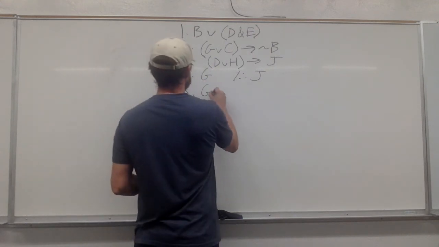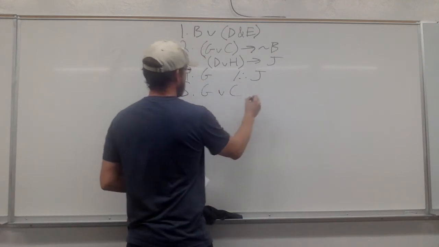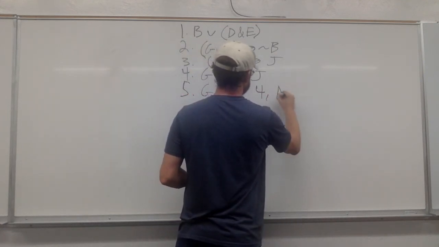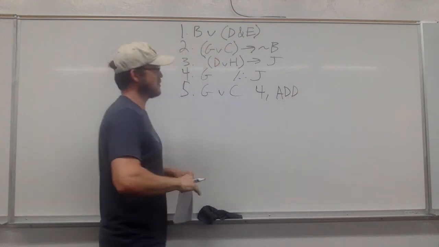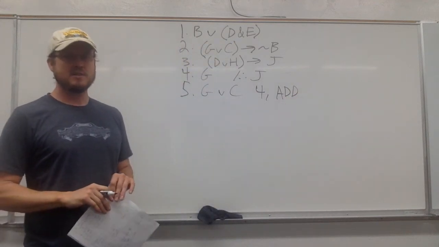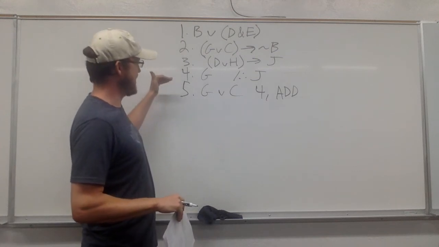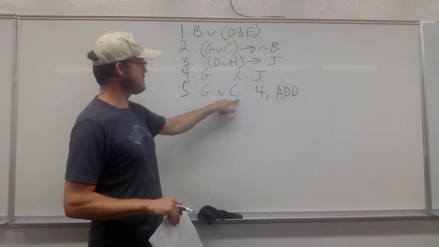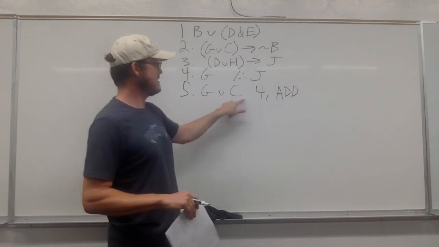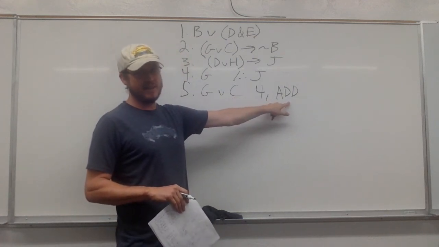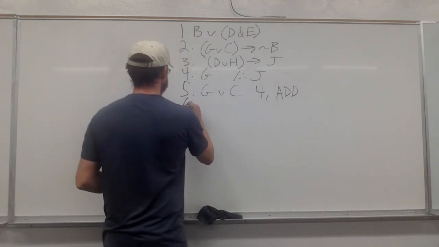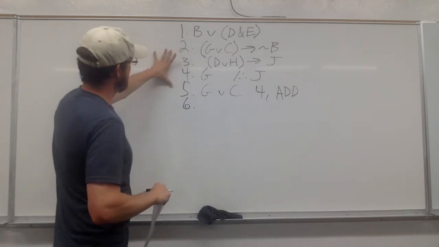So I'll say G v C, and I would say line 4, addition. Again, remember addition is a 1-premise argument, which is why there's only 1 line. So I took line 4 and I added to it, and the conclusion of that argument is G v C. So I put addition to show that I did that. Now, I know that I can do modus ponens with these two.